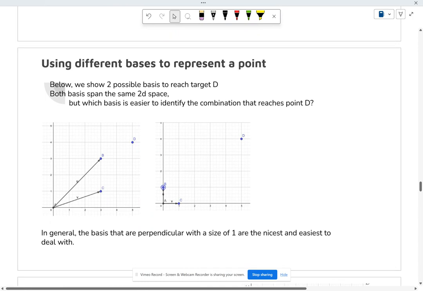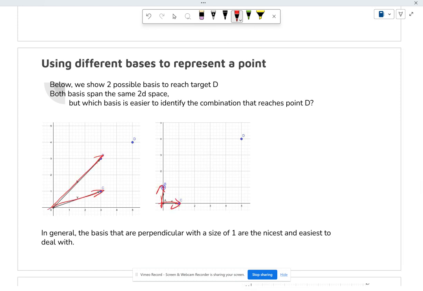Okay, so I previously mentioned that you can have two vectors and they will span the same space, right? There are two different ones, and both of them are capable of hitting the point D, right? But if you were to look at them carefully, which basis would you rather use to reach D? Well, for most people, the second basis makes a lot of sense.